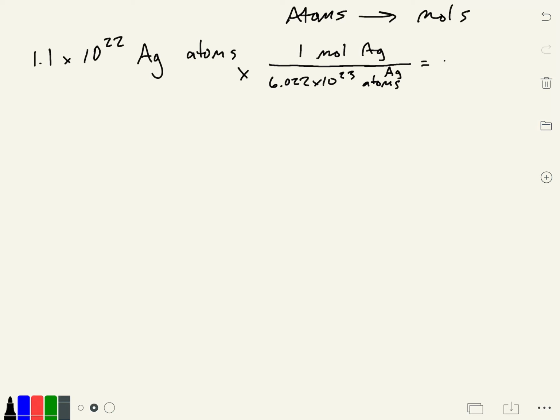That's an illogical answer. So that's what I mean by check them. This will be 1.8 × 10^-2 moles of silver, or 0.018 moles. That's what your calculator would have said if you don't have it set to scientific notation.